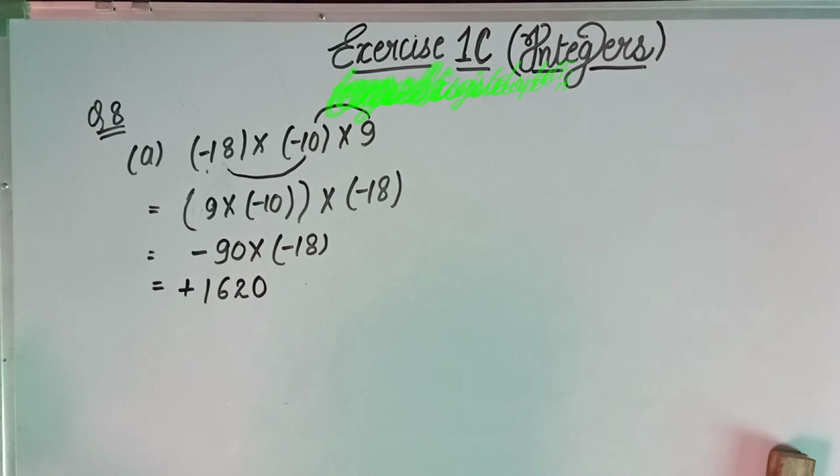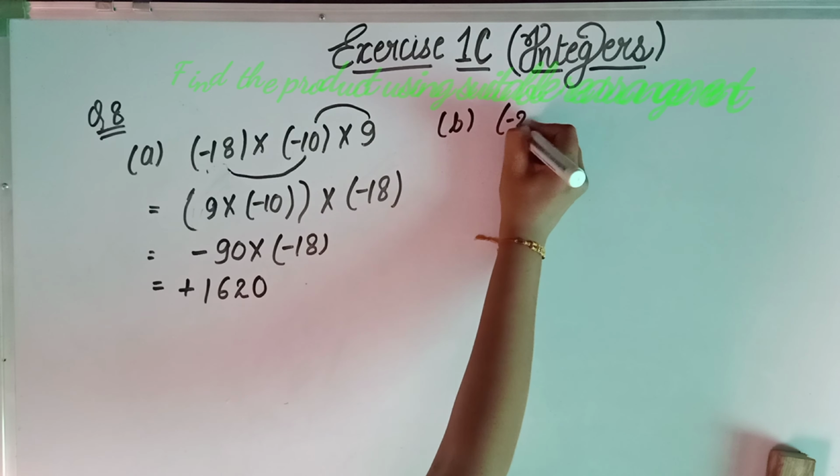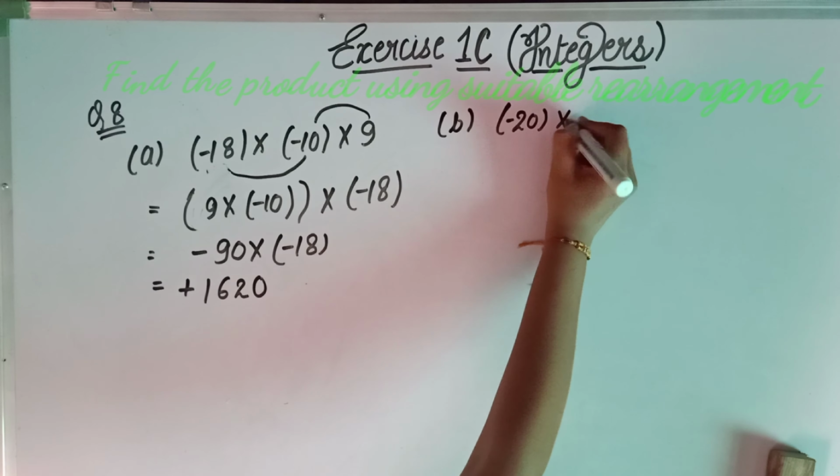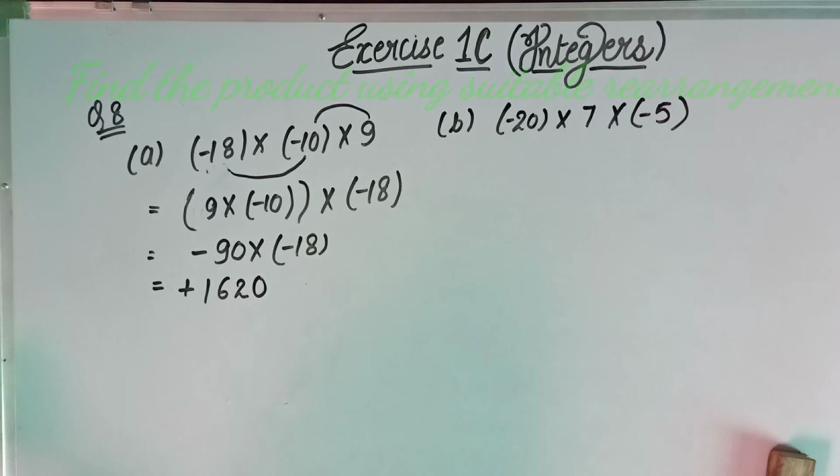Now we are moving ahead with B1. Our B1 is minus 20 multiplied by 7 multiplied by minus 5. Now which group are we going to prefer?